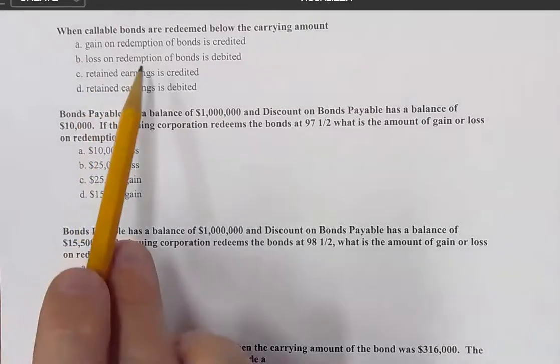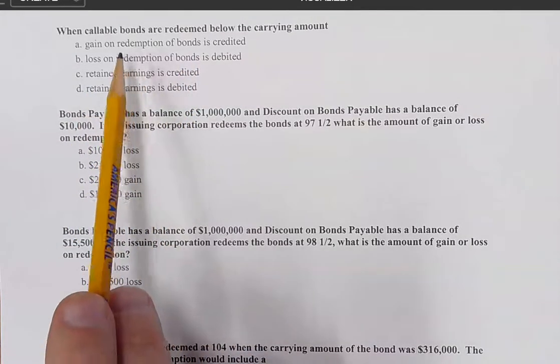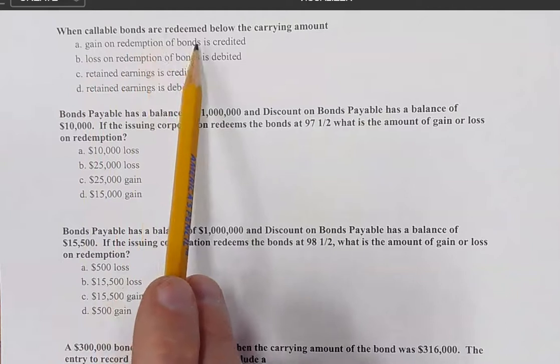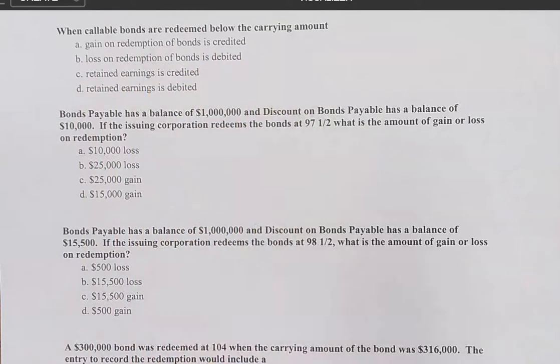Okay. When callable bonds are redeemed below the carrying amount, we've got four choices. So we need to know what the carrying amount is.